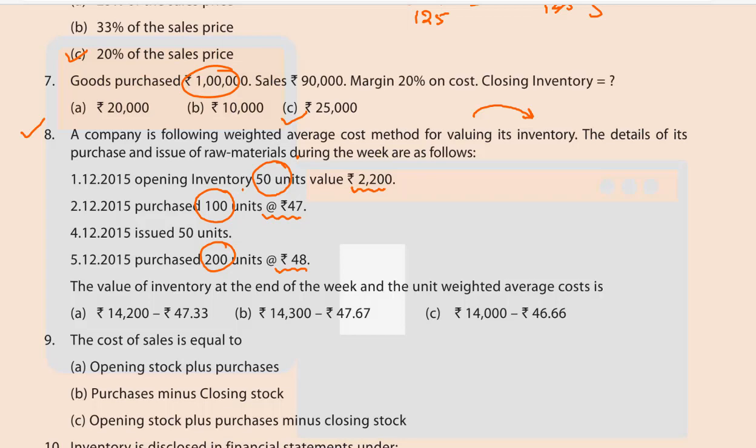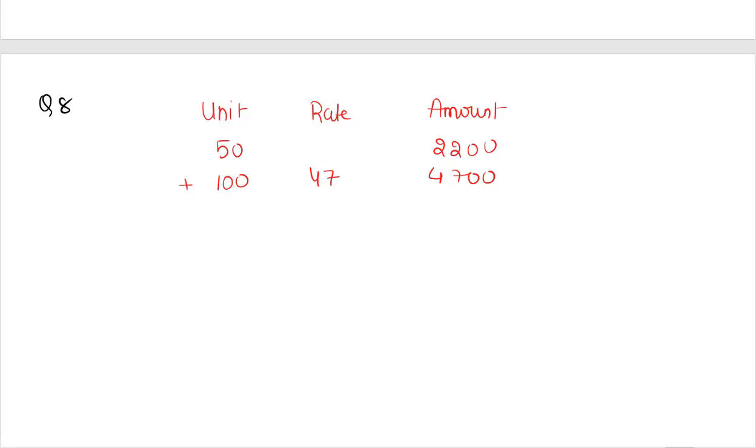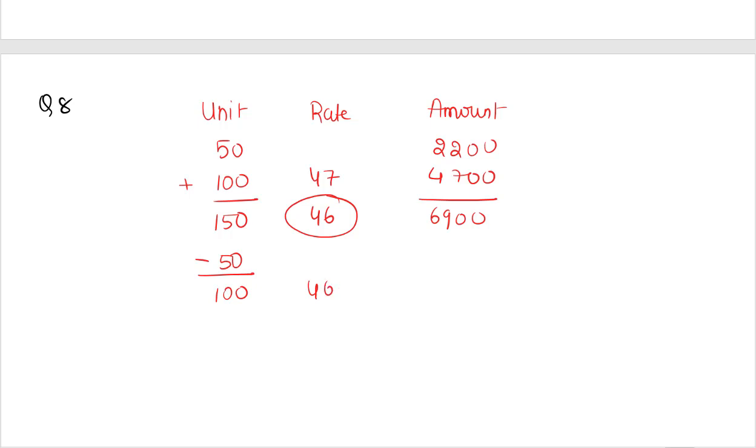Then issue of 50 units. So we need to total it, 150 units, 6900, 46 is the average. 50 is issue, 100 remaining, 46, 4600.